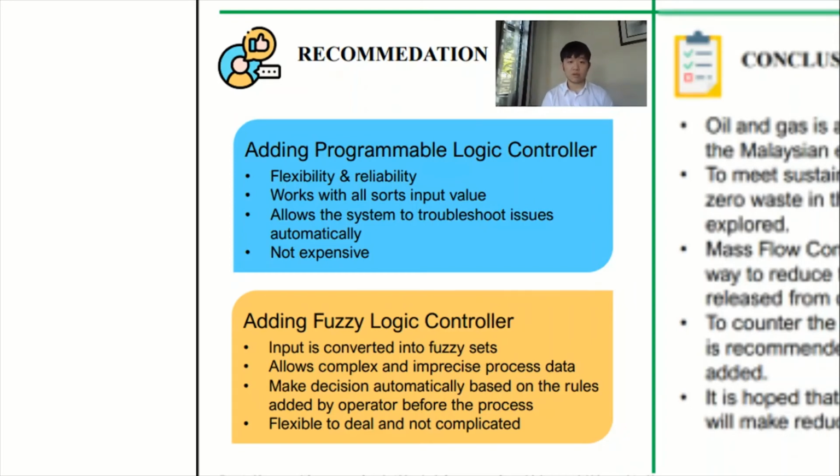For the second recommendation, a fuzzy logic controller can be added to the control system. For a fuzzy logic controller, inputs are converted into fuzzy sets, which are something like large positive and medium positive.